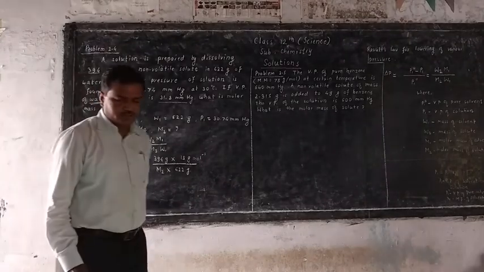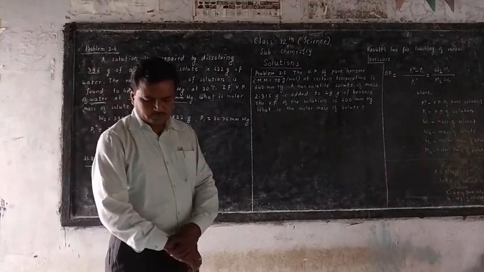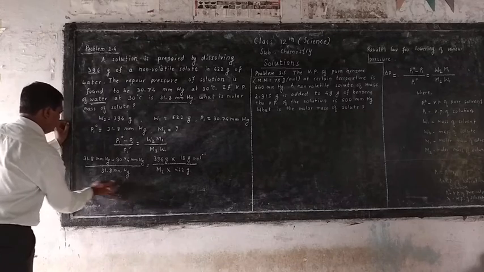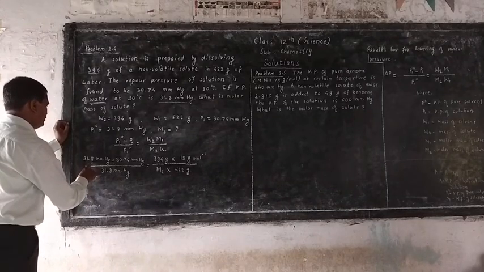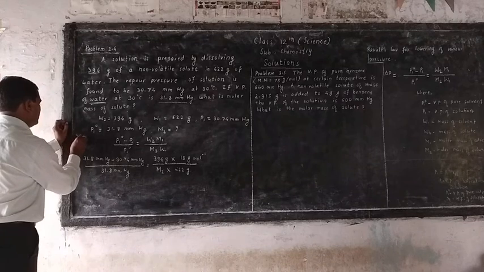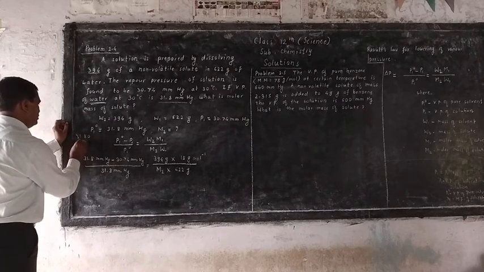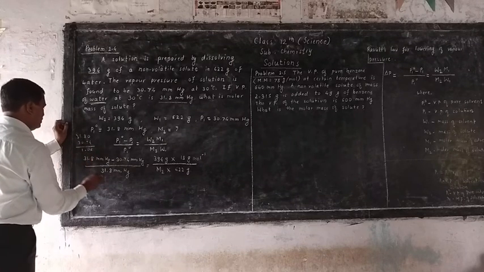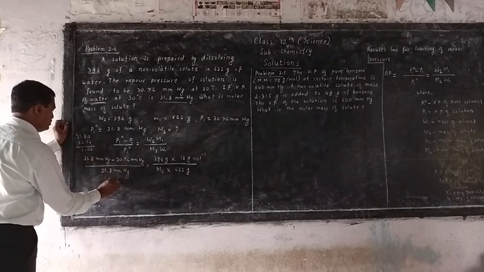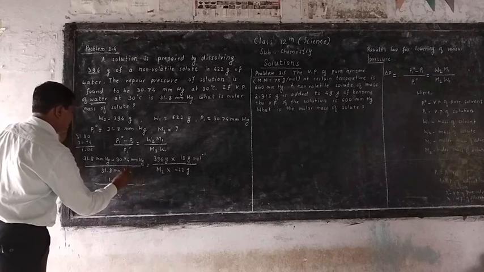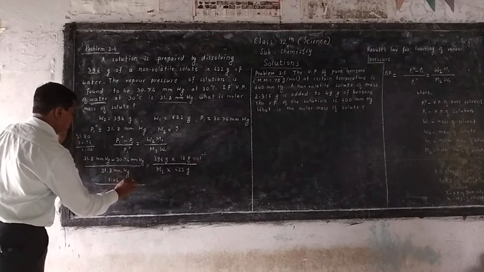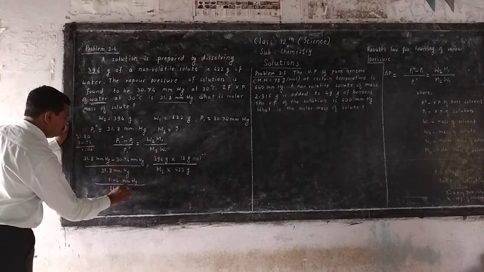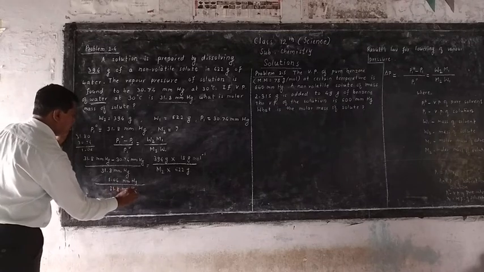So calculate this, then we will get here 31.8 minus 30.74, this will be 1.06 mm of mercury, and here 31.8 mm of mercury.